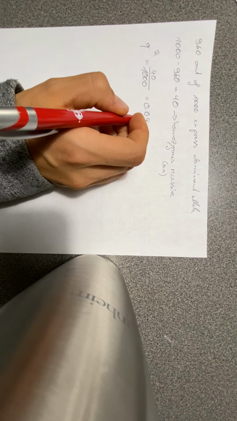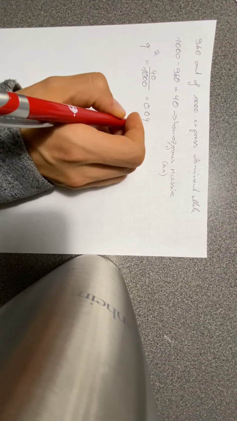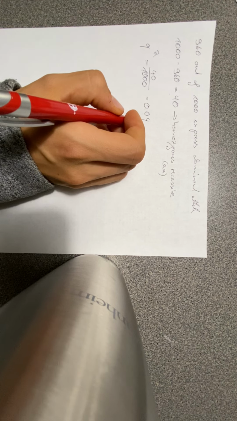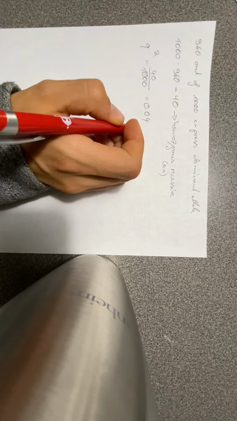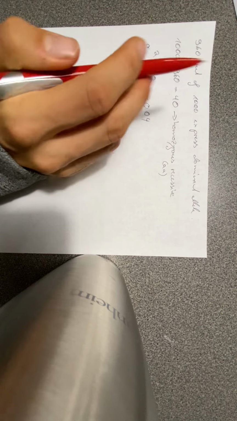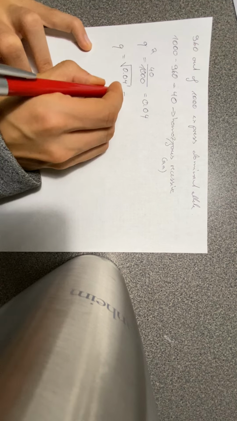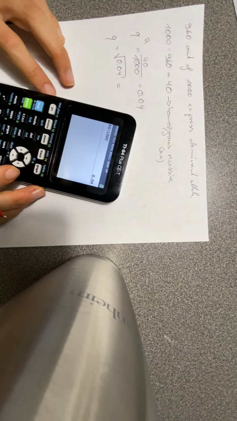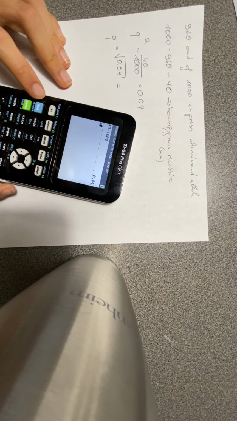And then to get Q, we just need to take the square root. So Q is the square root of 0.04. In this case, it's easier, but if it's a harder number, you can just type it into the calculator.